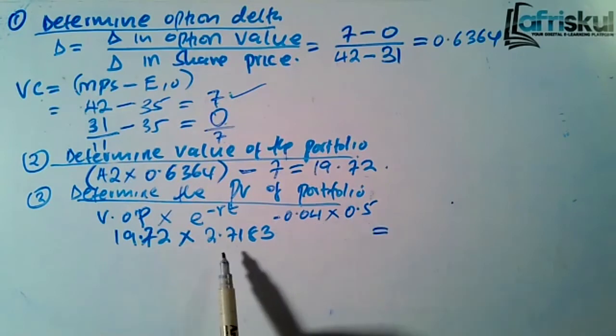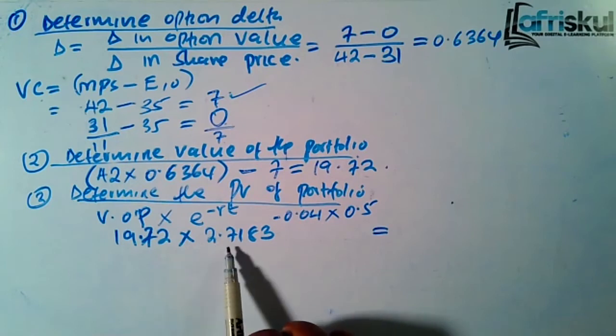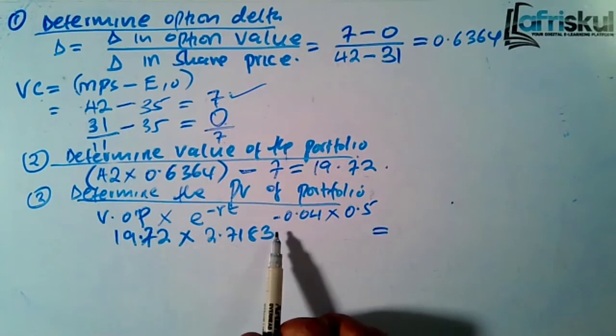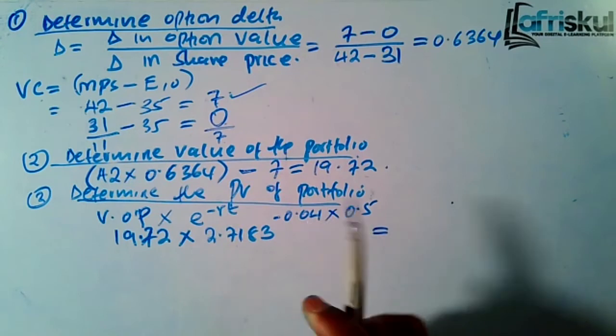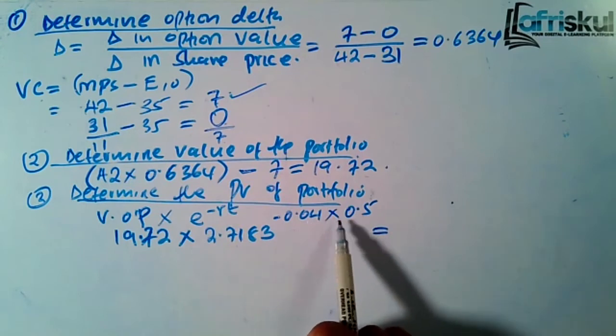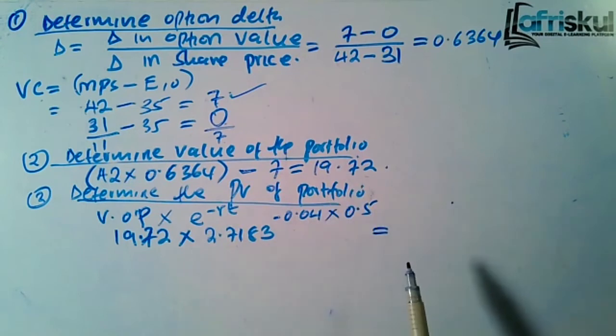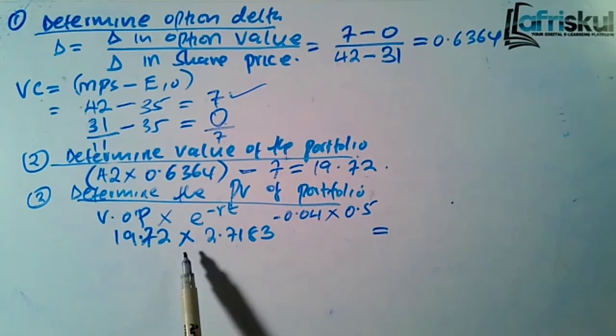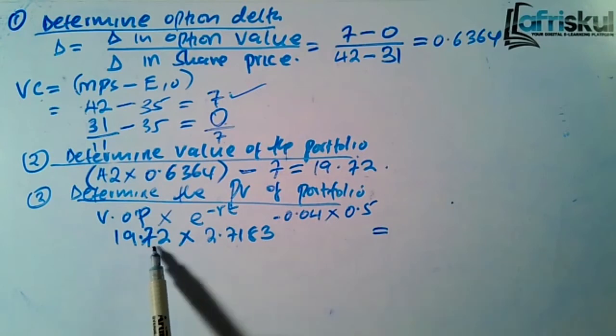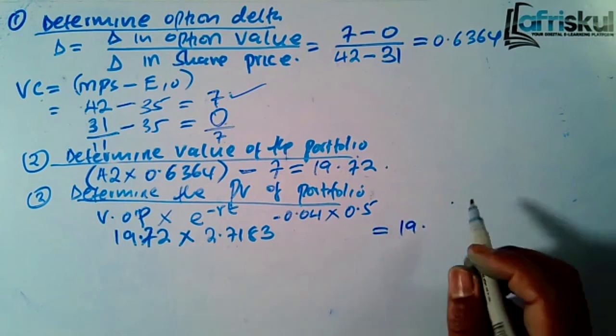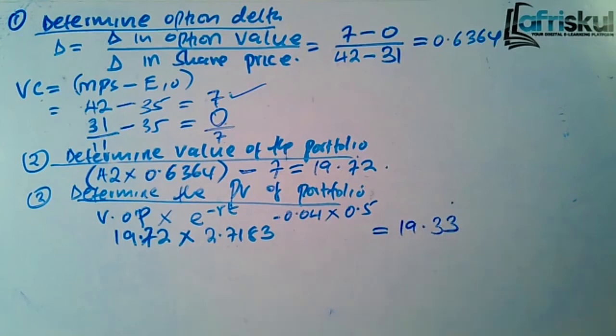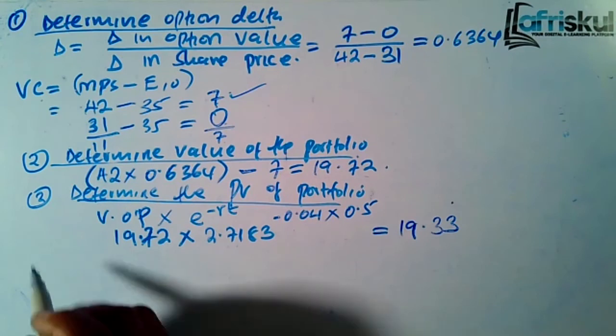Just type 2.7183 raised to the power, open the bracket, negative 0.04 times 0.5, close the bracket, equals. Then you multiply by 19.72. By doing so, you'll be getting 19.33.